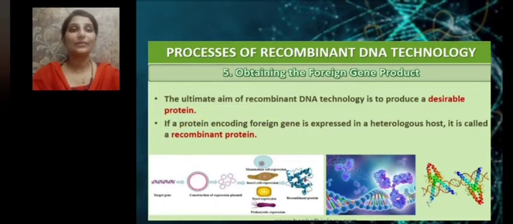Okay, so the ultimate aim of recombinant DNA technology is to get a desirable protein, obtained by the expression of a foreign gene in a host organism, in a heterologous host, called a recombinant protein.